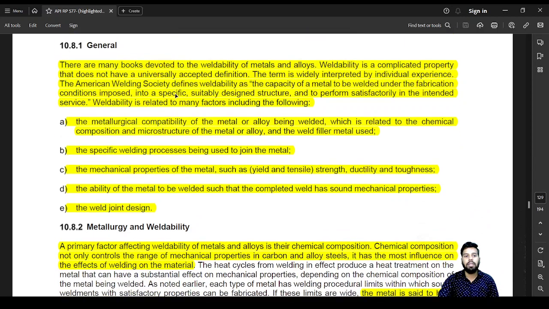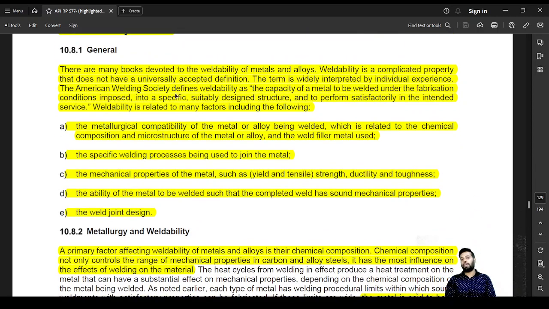Weldability of the material. There are many books devoted to the weldability of materials and alloys. Weldability is a complicated property that does not have a universally accepted definition. The term is widely interpreted by individual experience. The American Welding Society defines weldability as the capacity of a material to be welded under the fabrication conditions imposed into a specific suitable design structure and to perform satisfactorily in the intended service.